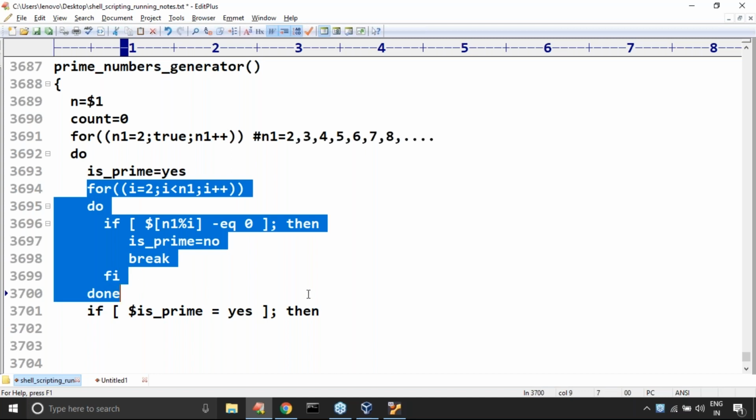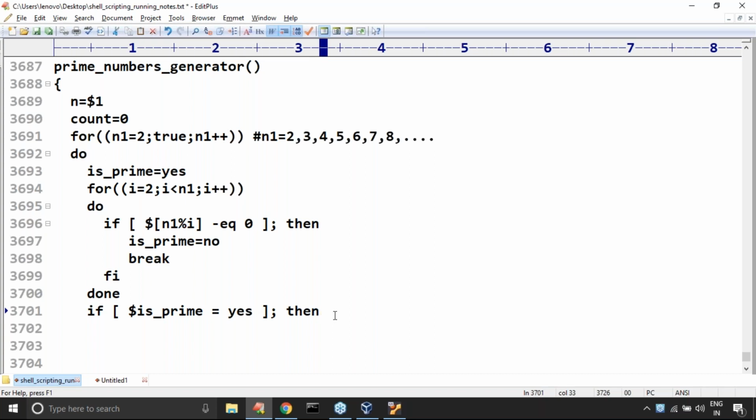If you can't find any other factor from 2 to n minus 1, it means it is the prime number. No problem, can you please print that prime number? Print n1, because I required that.